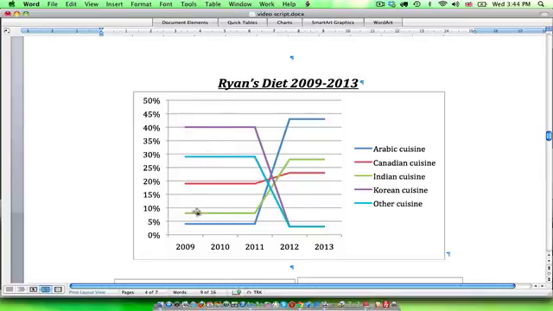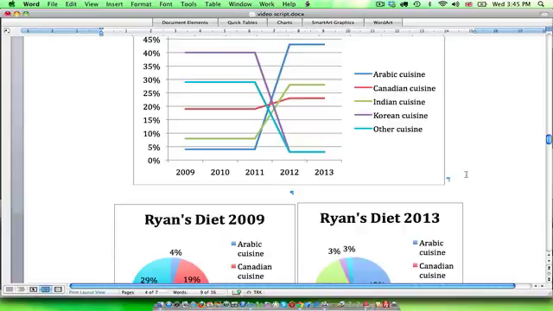These figures we would also group. This is Indian cuisine and Arabic cuisine because they start low at a plateau and then they both jump higher in 2012. So one data source, 5 data trends, and each of these trends has minor and minute details that need to be described.